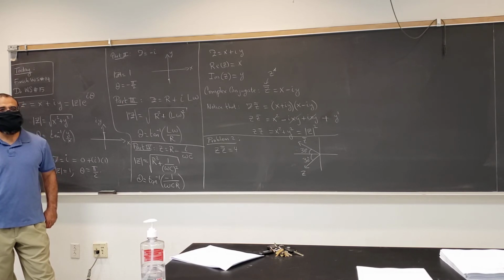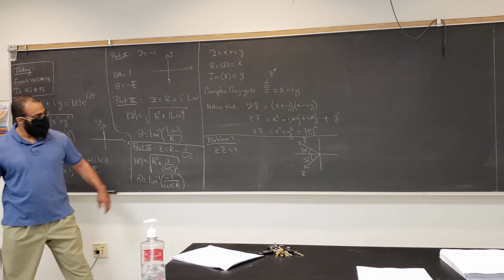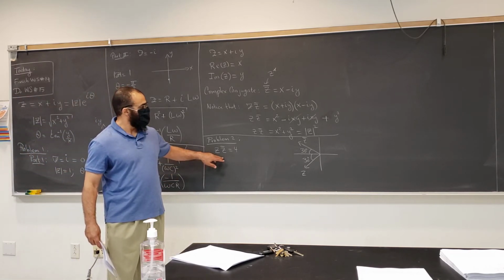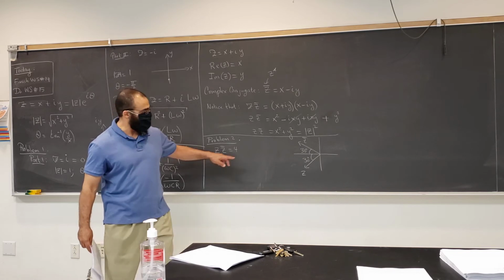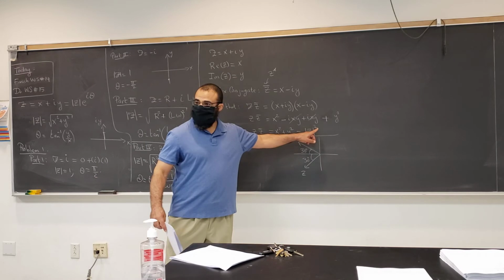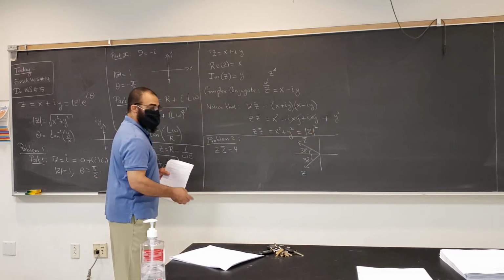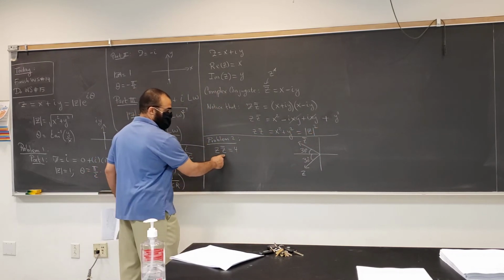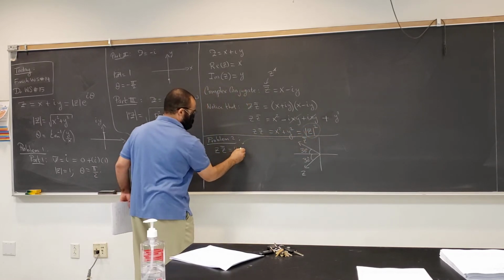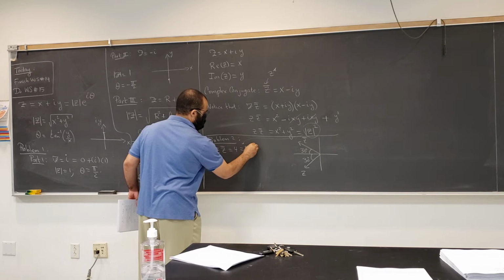So what can I do? What do I know about z times z bar? How is it related to the magnitude of z? We know that z times z bar is the magnitude of z squared.